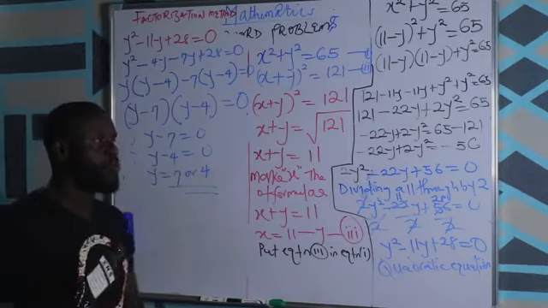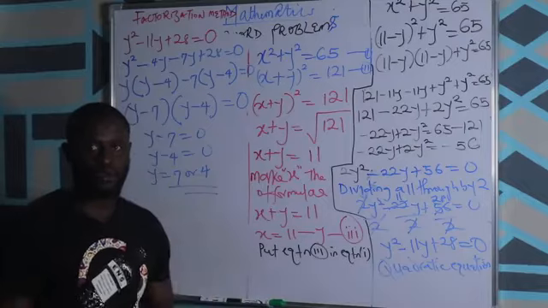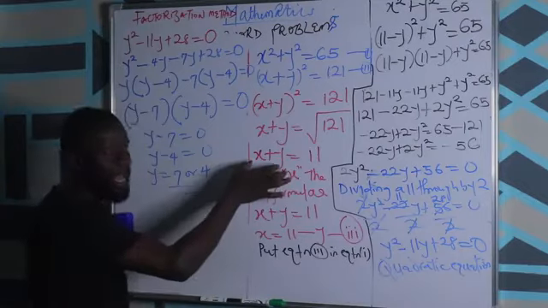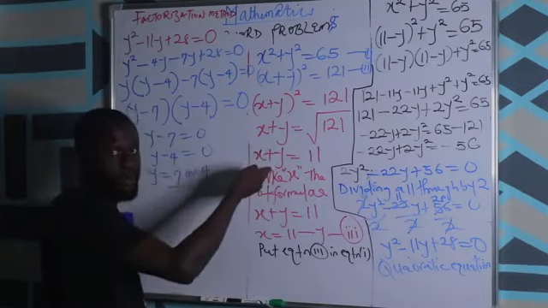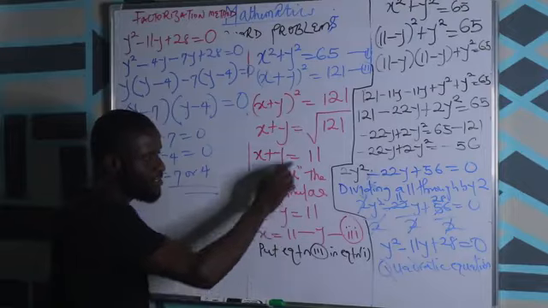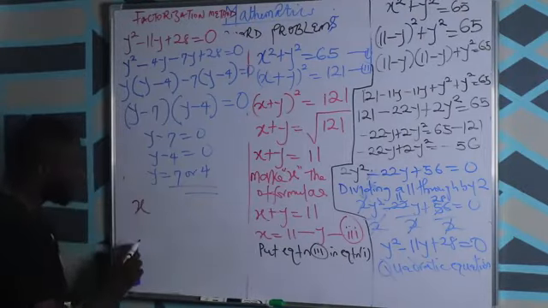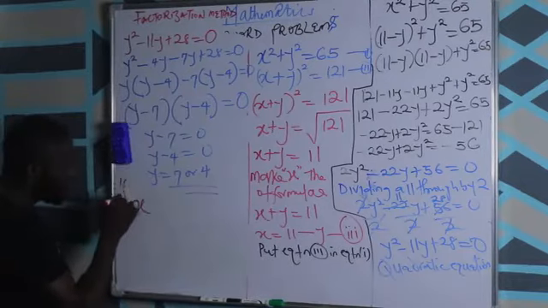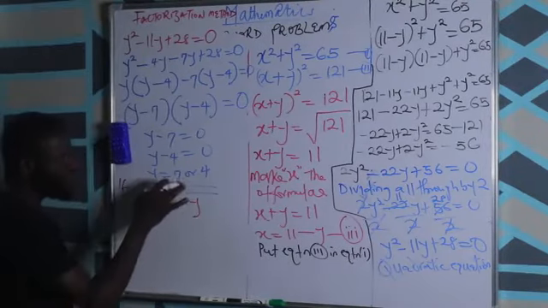But mind you, when I started solving this equation, there was an equation I brought out, which is our third equation, where I had x plus y equal to 11. Making x the subject of the formula, it became x is equal to 11 minus y. So if x is equal to 11 minus y, what is my y?